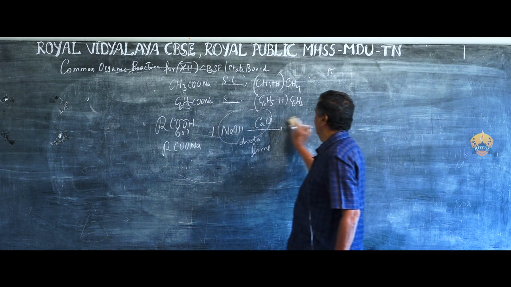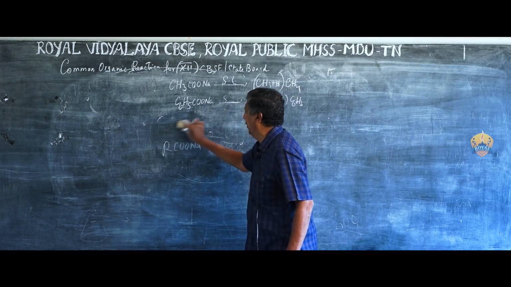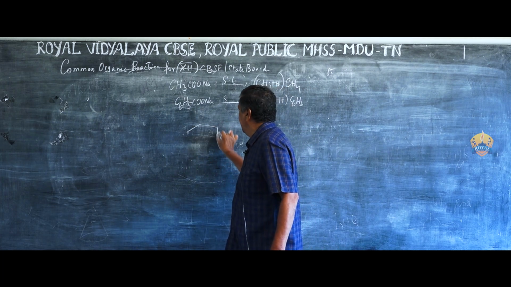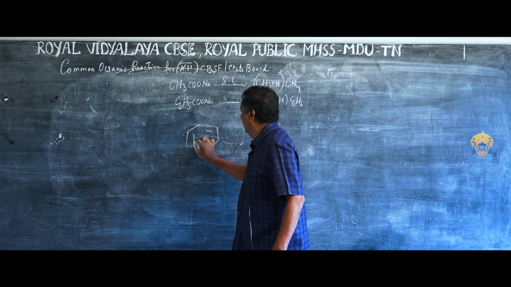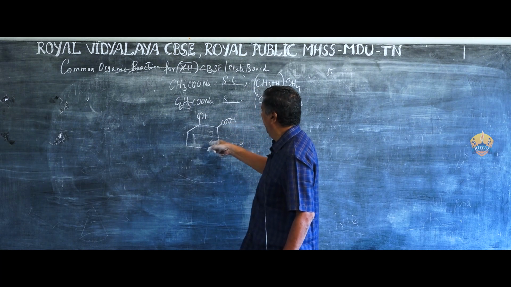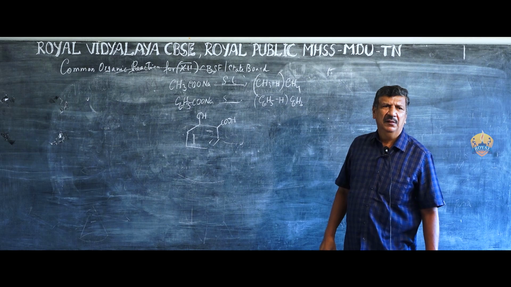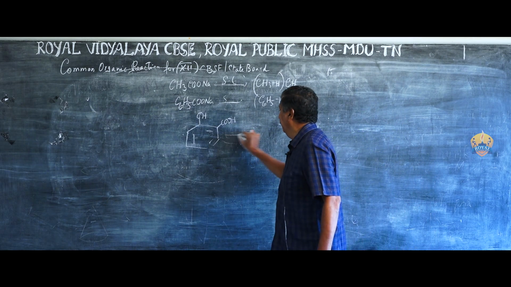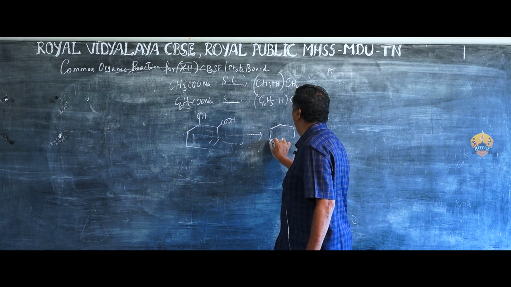But somebody may ask you a tough question. How will they ask you? This is salicylic acid. You learn it in phenol later on. They'll ask you, how will you convert salicylic acid into phenol?